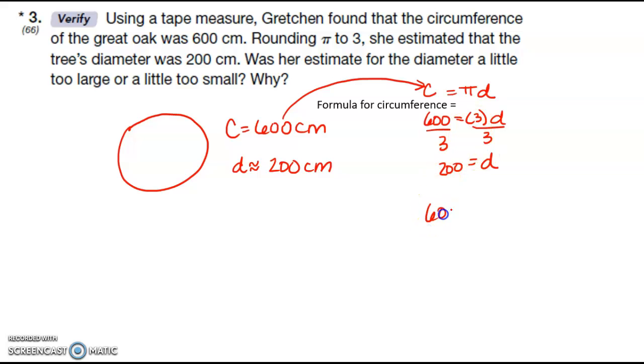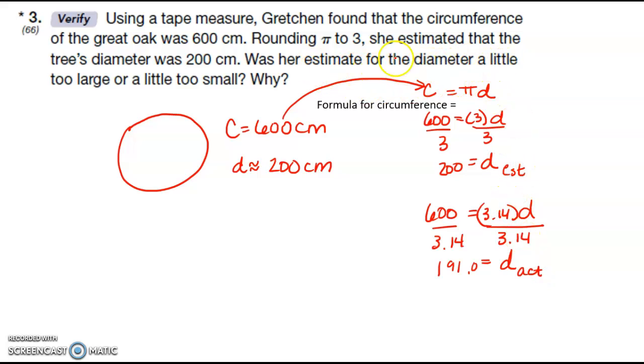Now, if I use 3.14 for pi, then I get closer to the actual diameter, which is, let's see, 600 divided by 3.14, I get 191 and change. So this is my actual diameter, and this was what she estimated.